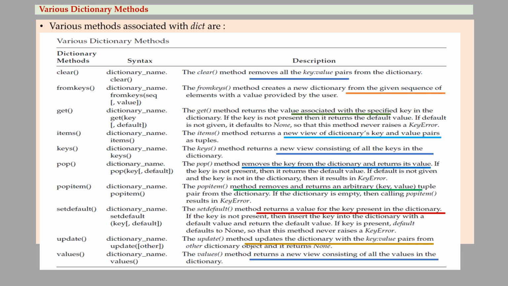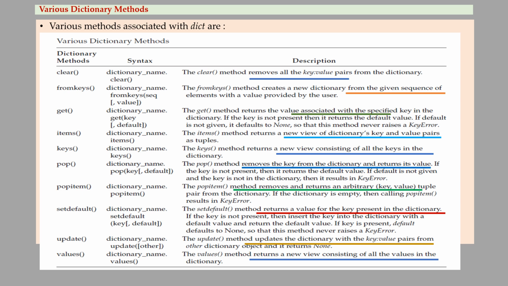The get method returns the value associated with the specified key in the dictionary, and the items method returns a new view of the dictionary's key and value pairs as tuples. The keys method returns a new view consisting of all the keys in the dictionary. The pop method removes the key from the dictionary and returns its value. And the popitem method removes and returns an arbitrary key value tuple pair from the dictionary.